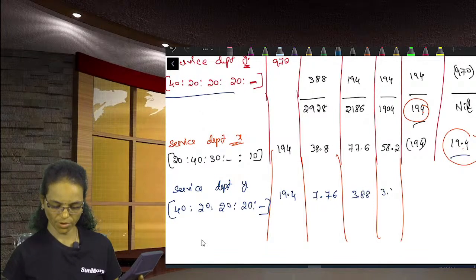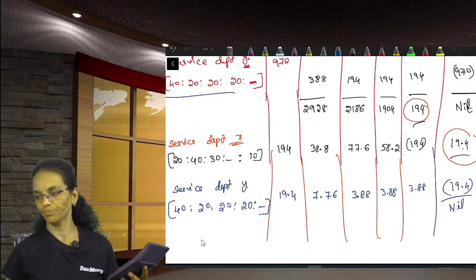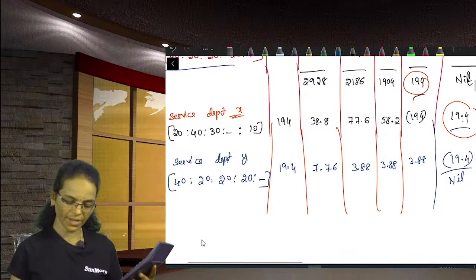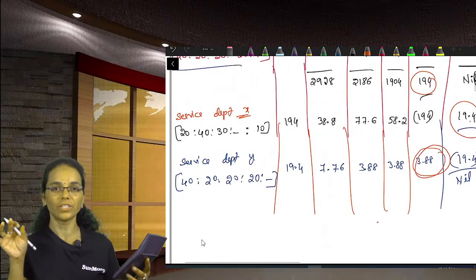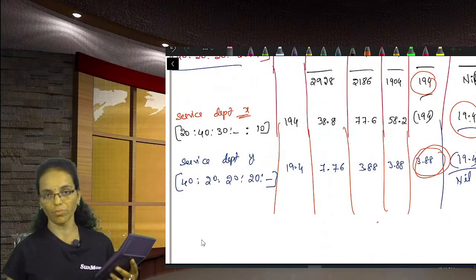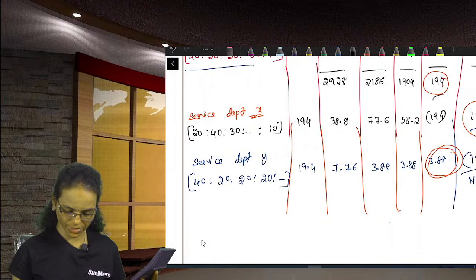Here also 3.88, 3.88. Here 19.4 minus, so it is becoming 0. Again, if you want to, you can redistribute, but it is advisable to go till 0 or till negligible amount, meaning till fractions. So again redistribute this service department expenditure.